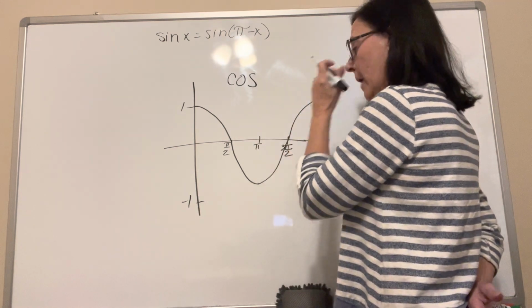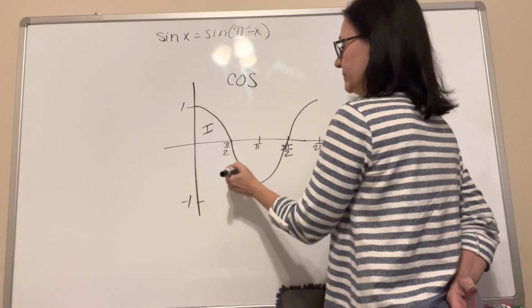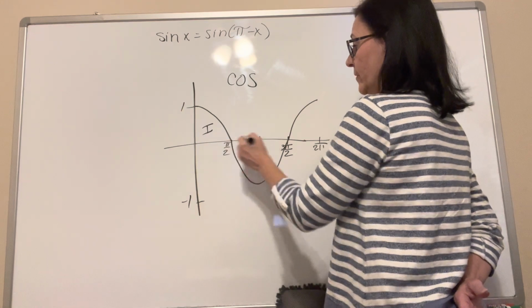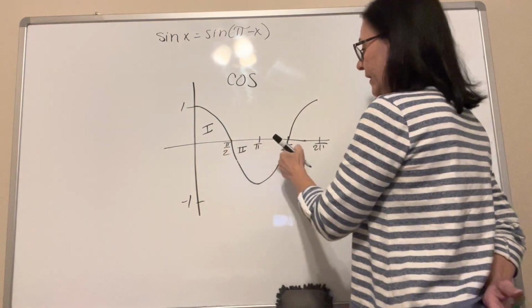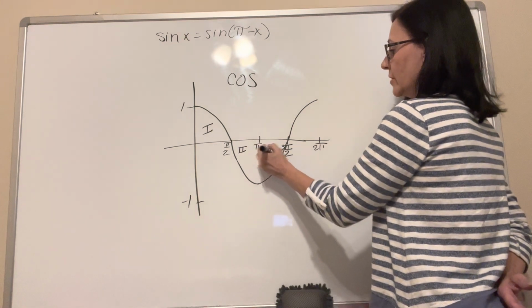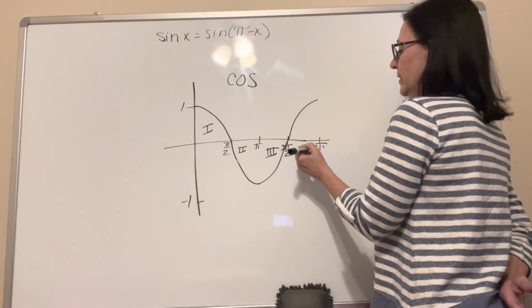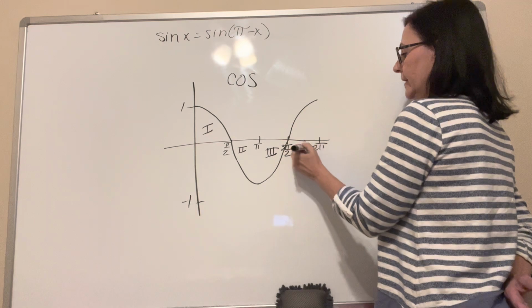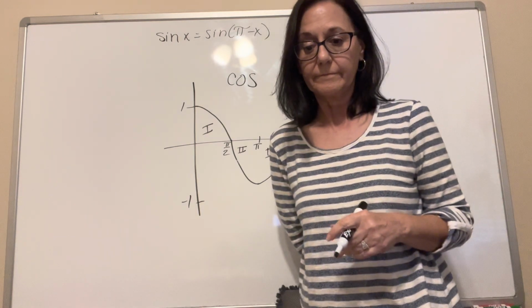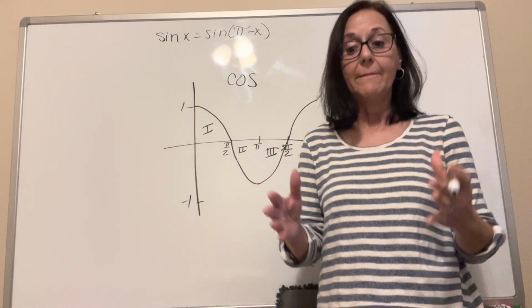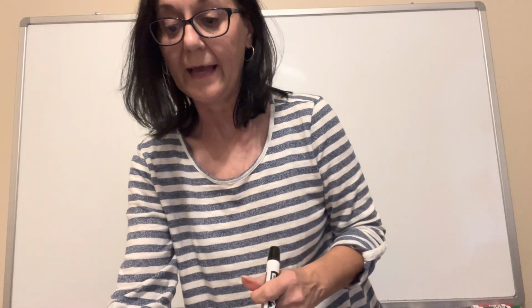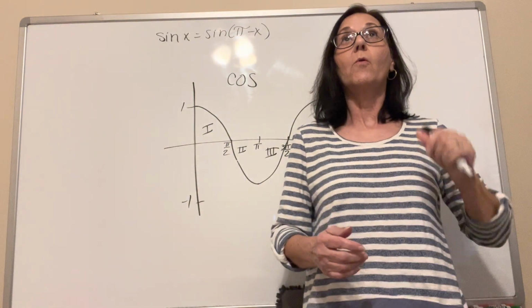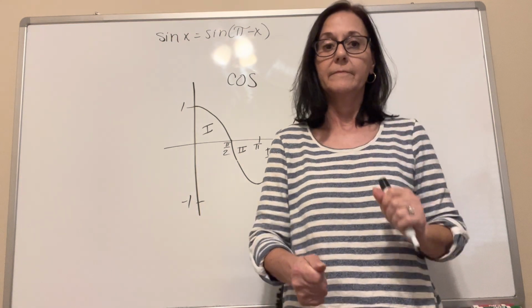Such that this is quadrant 1 between 0 and pi over 2. Between pi over 2 and pi, it's quadrant 2. Between pi and 3 pi over 2, it's quadrant 3. And 3 pi over 2 to 2 pi, it's quadrant 4. All right, when we limit the domain on the cosine, what quadrants are we looking at? For the sine, remember, quadrant 1 and quadrant 4.